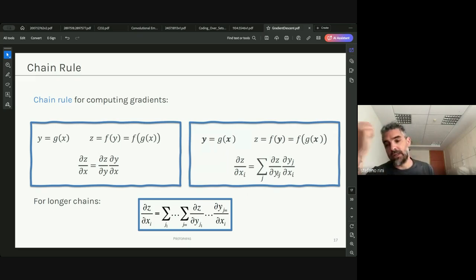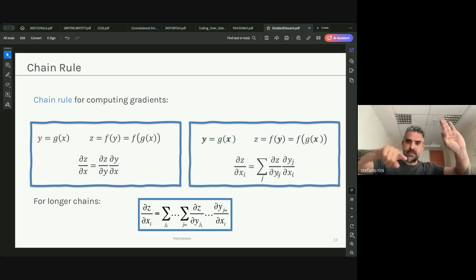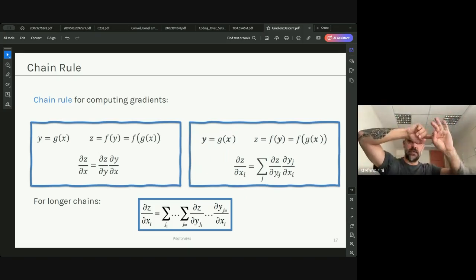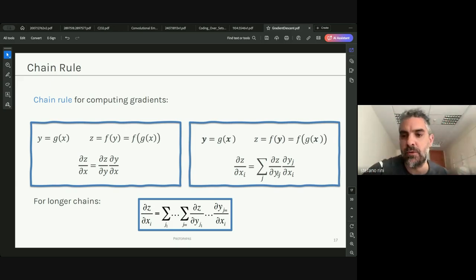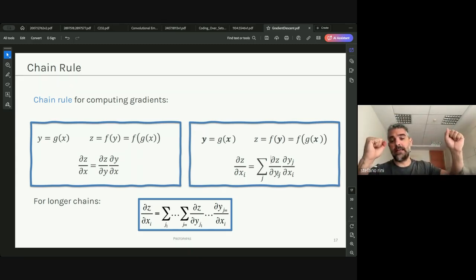And then I multiply by the partial of the coordinate j of the vector y with respect to the coordinate i of the vector x. Okay? So z is a scalar, y is a vector, x is a vector. You go from z to j in y, and then from j to x, and then you sum over everything. You sum over the possible j. So j is sort of the intermediate position. You start from the scalar z, you arrive to the scalar x_i, and then you sum over all the partials.